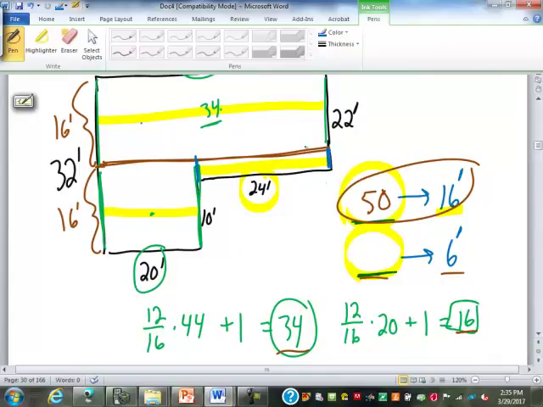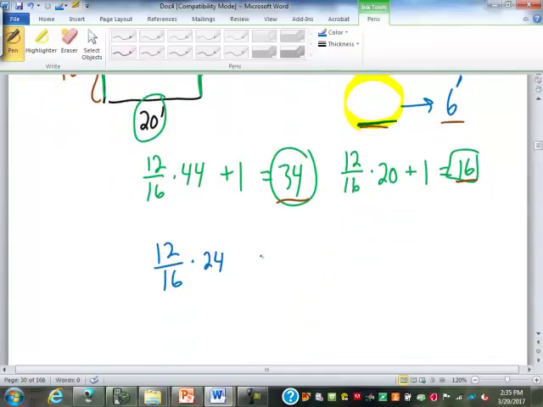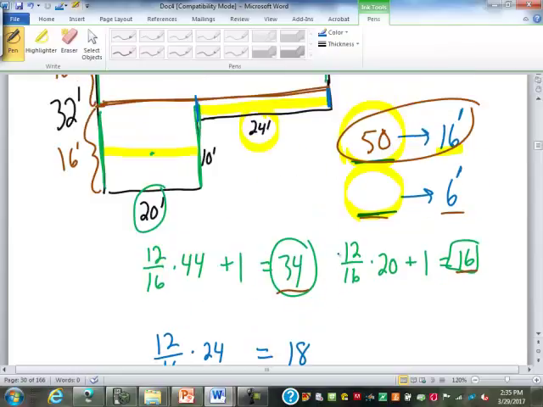So that's going to be just +0. So what is 12/16 times 24? 18, and I don't need to add or subtract 1 from that, so it just stays with 18. So we need 18 of our 6-foot joists. Does that make a little more sense now?